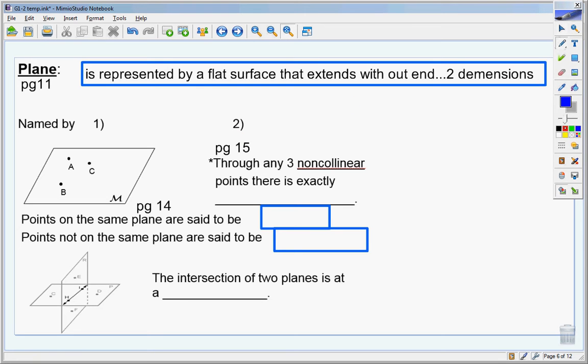Again, learning how to write in geometry, there's 2 different ways that we can name a plane. We can name a plane with 3 non-collinear points. So I might say plane ABC.